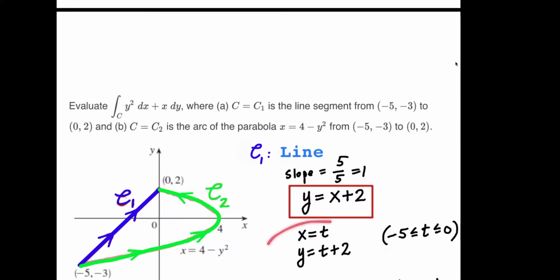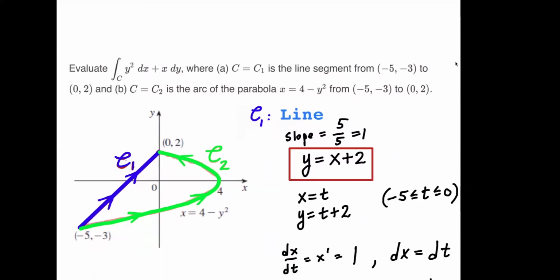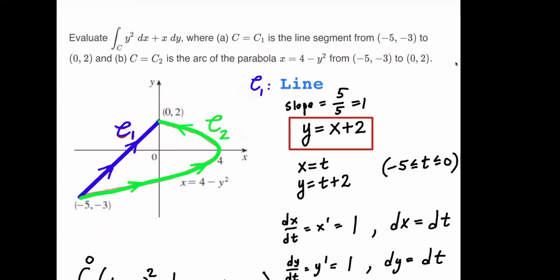So using this parameterization here, we can calculate dx/dt, or x prime, which is equal to 1. We can calculate the derivative of y as well. This is also 1. So in these cases, dx is equal to dt, and dy is equal to dt. And so we know dx equals dt, dy equals dt, and we can substitute into here and here.